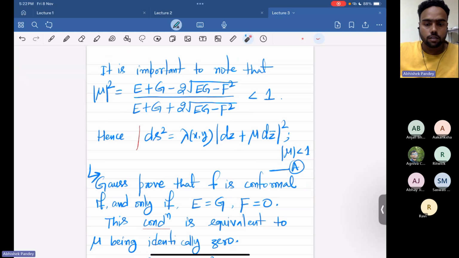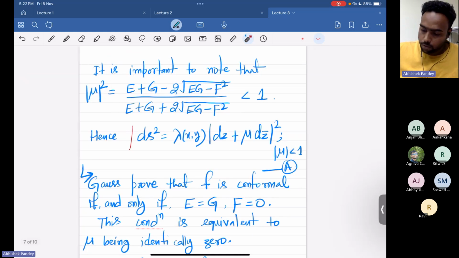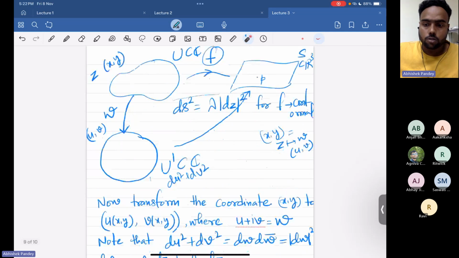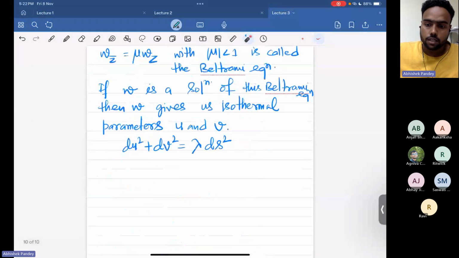Is the question clear? It means the problem of finding isothermal parameters to introduce isothermal coordinates is reduced to finding the solution of the Beltrami equation. Is it clear?